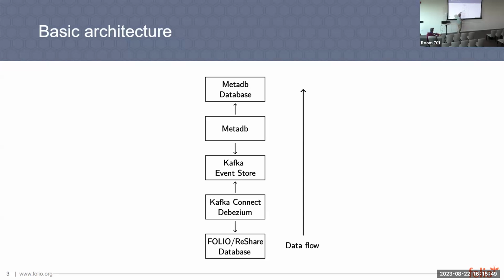Now, if there's a breakdown, let's say there's a hardware failure somewhere here, usually not a problem because data are persisted in Kafka. The mechanism that Kafka uses to remember where you are reading in the queue is not updated until the data are safely persisted above. So up here is fairly stable.